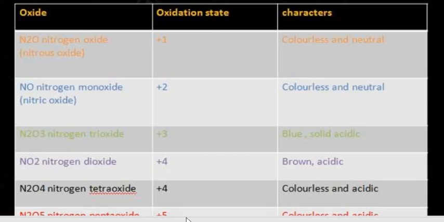Next oxide of nitrogen is dinitrogen pentoxide. It has +5 oxidation state, and it is also colorless and acidic in nature.